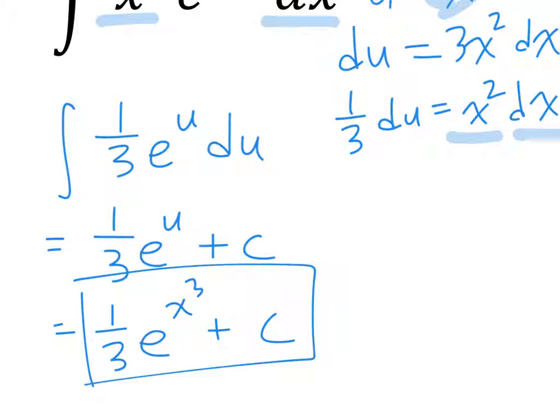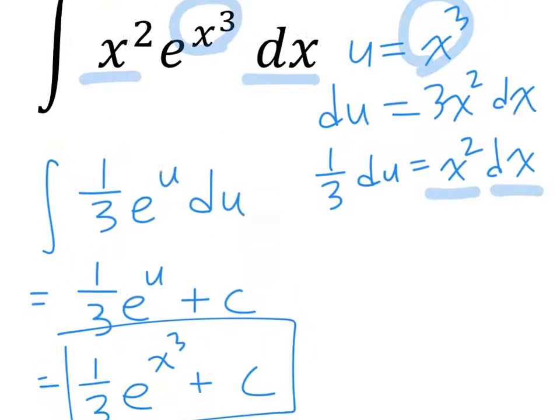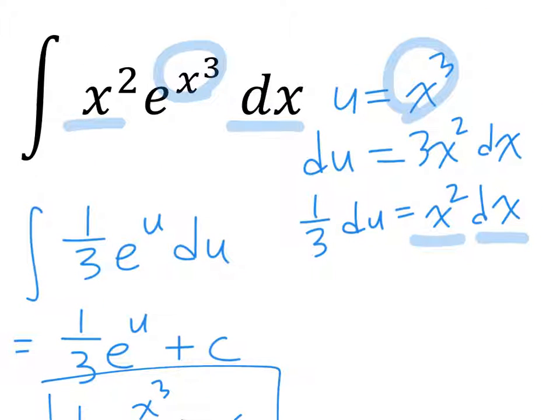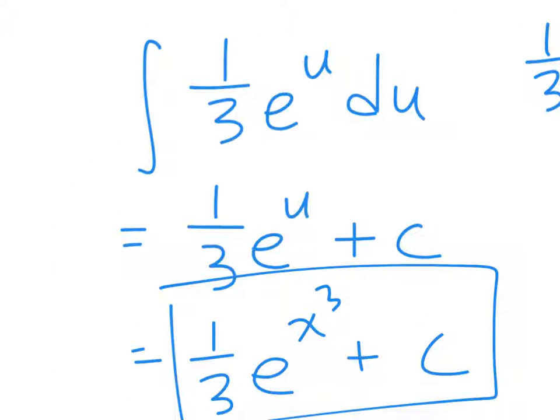Why wouldn't you have to multiply the final answer by the derivative of x cubed, like 3x squared, since x cubed is the exponent of e? You mean like if I wanted to double check?